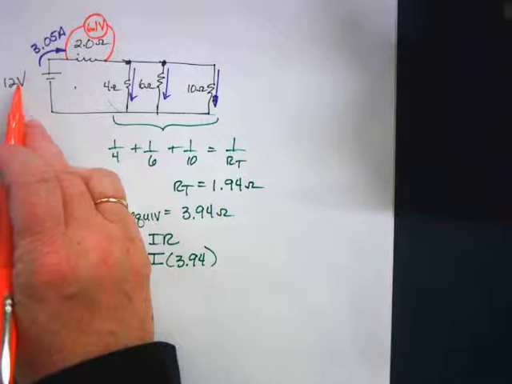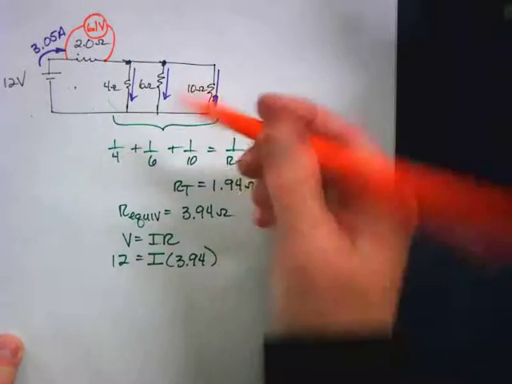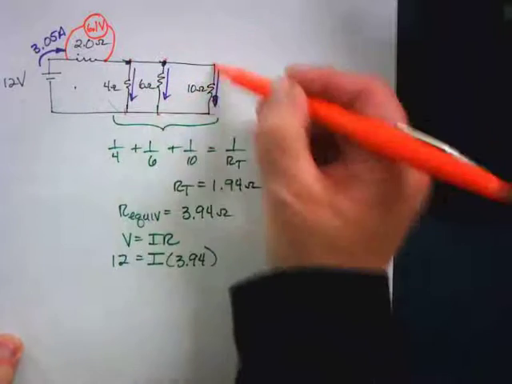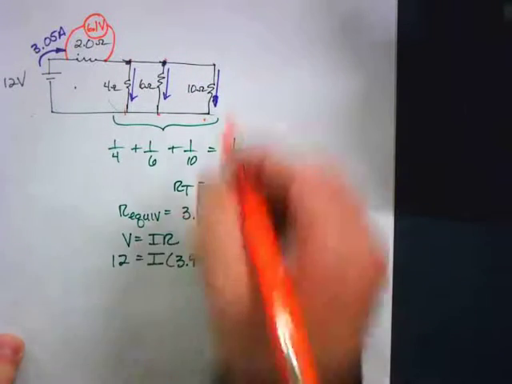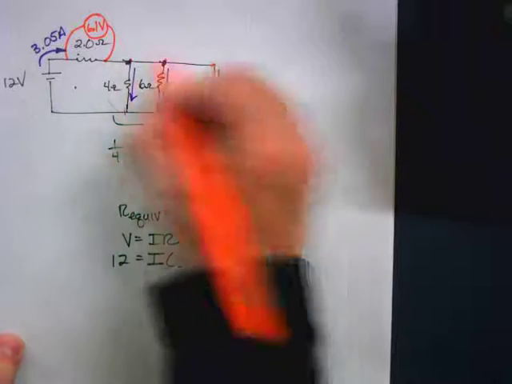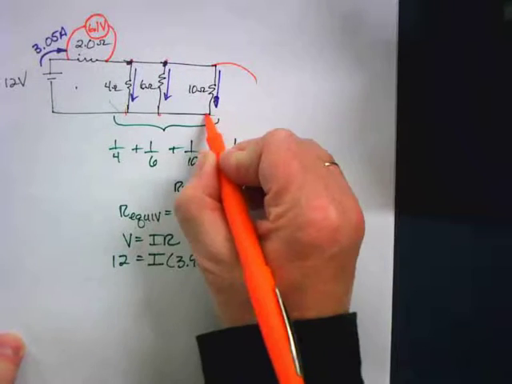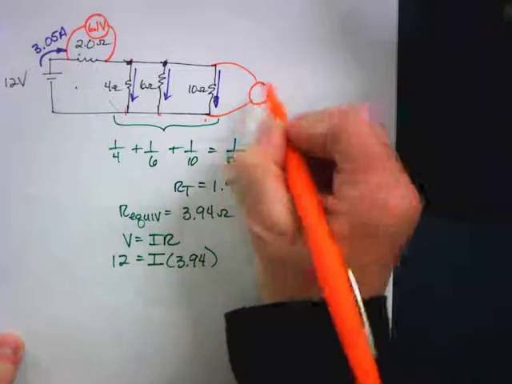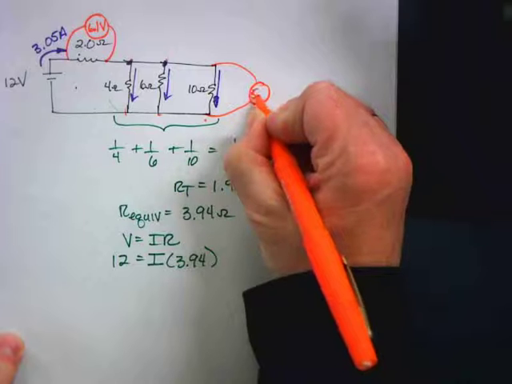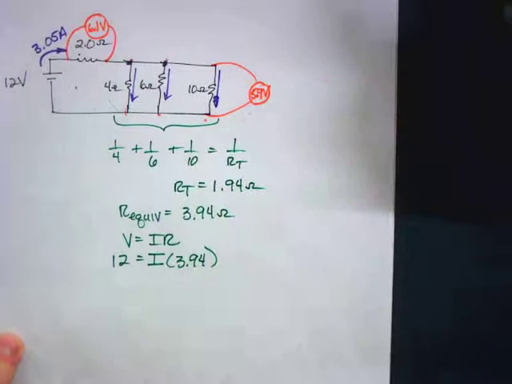So we had 12 available, and we already dropped 6 right here. So what are you going to drop across each of these parallel sections? The other 6, correct. Since we really care about the 10 ohm resistor, I'll put it here. Or to be more precise, about 5.9 volts.